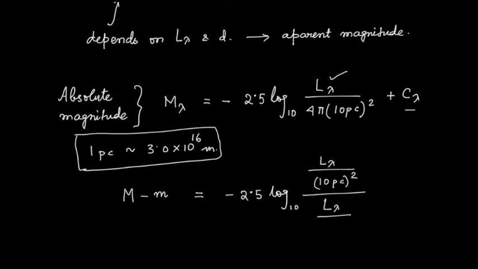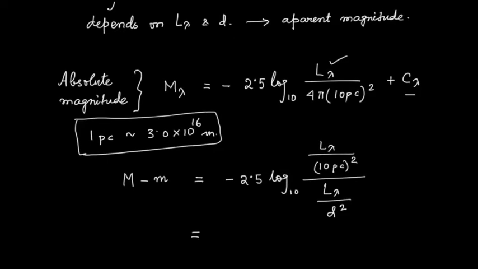In the other case I have the same L lambda, but now the distance to the star square. So you see that this gives me minus 5 log 10 of d by 10 parsec, because the square in the distance will come out and multiply by 2.5 and give me 5. So it is the distance in units of 10 parsec.